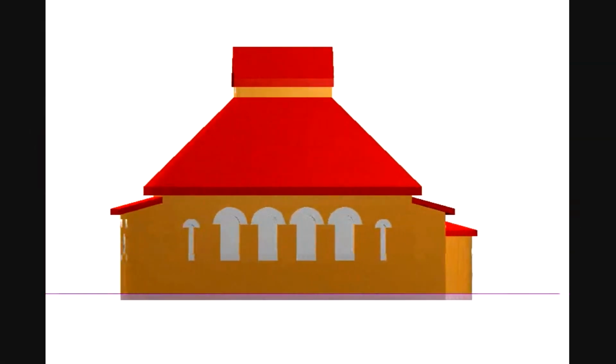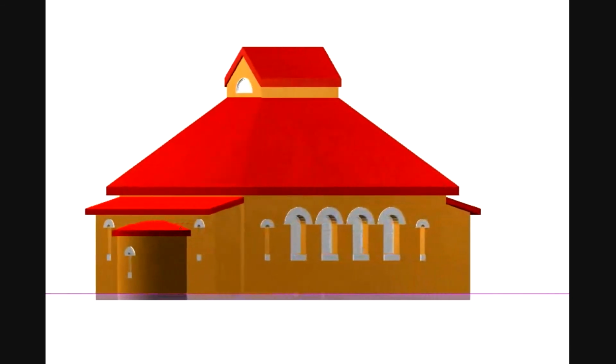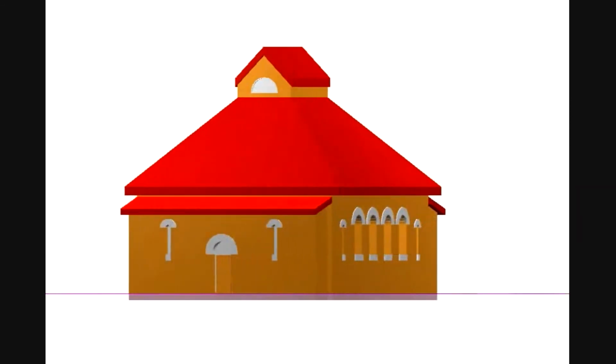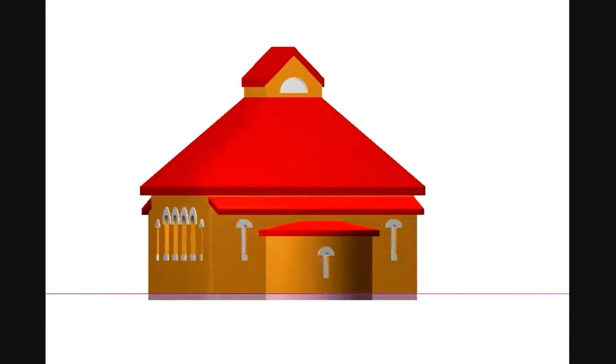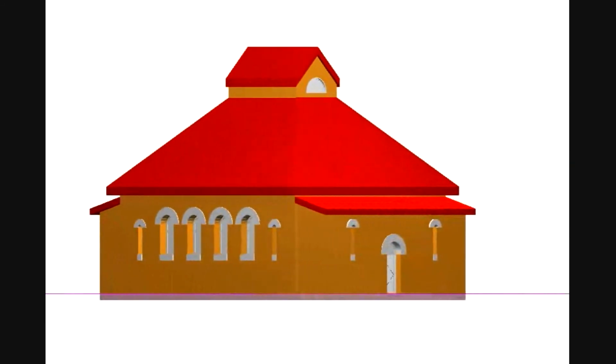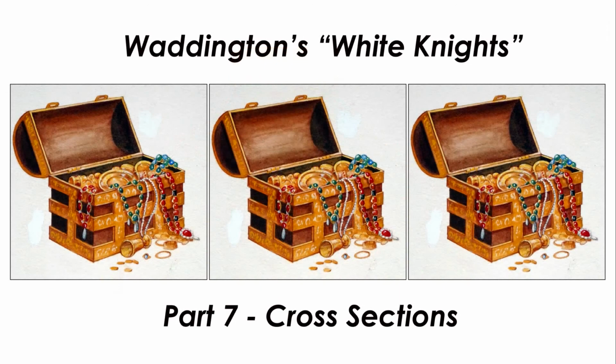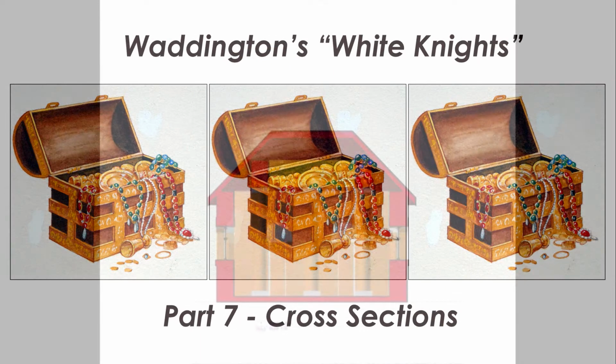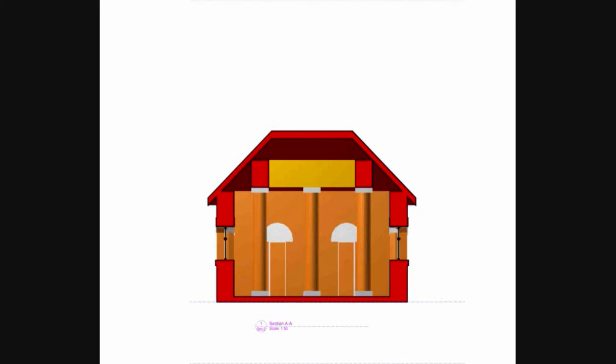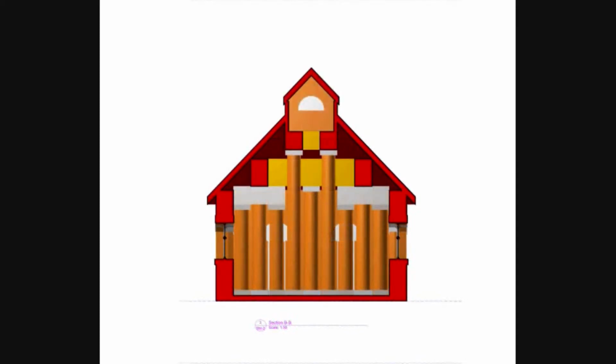Vectorworks 2011 allows us to create an animation orbiting in elevation. The Vectorworks 2011 3D model also allows us to generate cross-sections through the building.